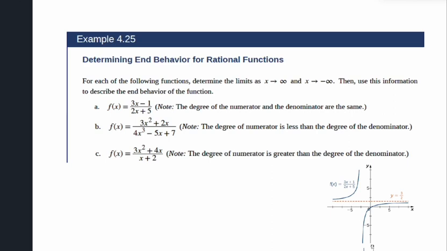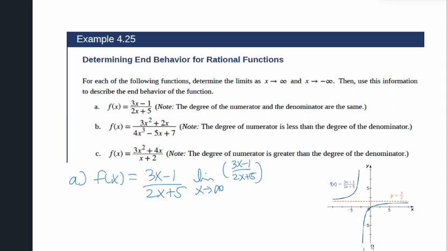Now, let's take a look at some of our rational functions, our fractional functions. Let's take a look at A. So if we do the limit to the right, which is the limit to infinity, if you think about plugging in infinity, you get infinity over infinity.